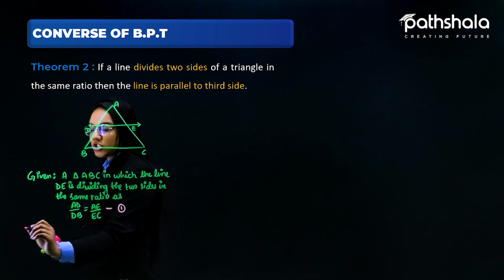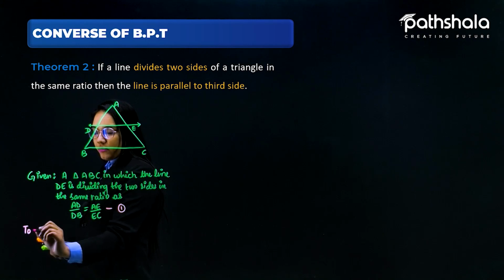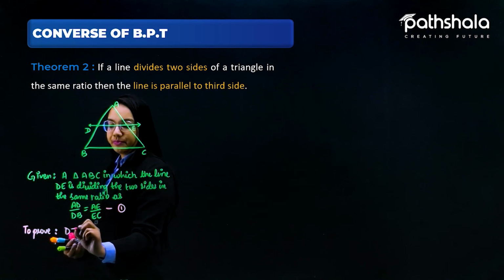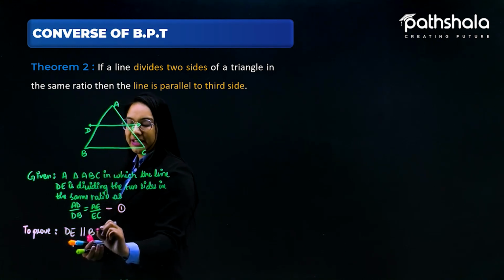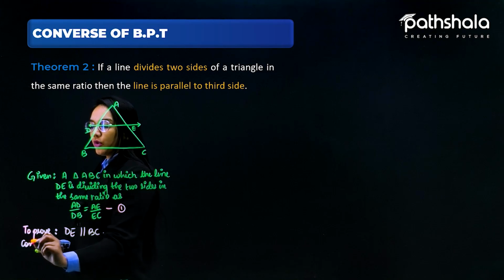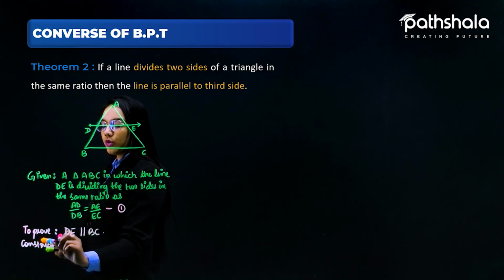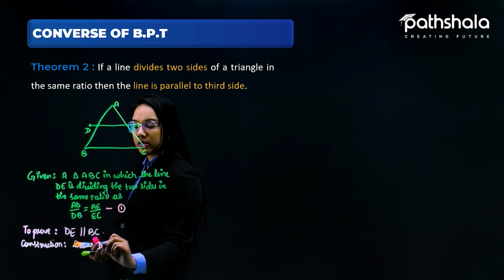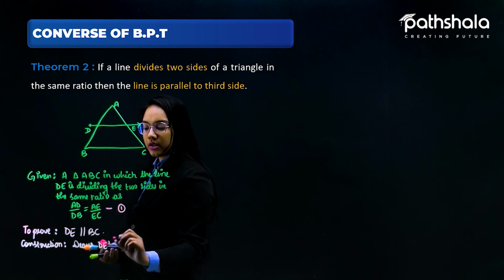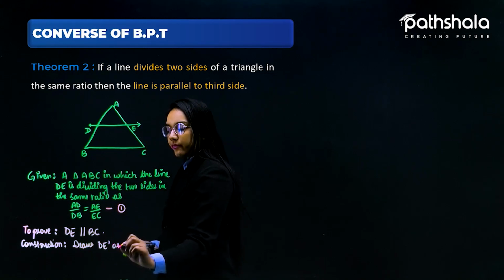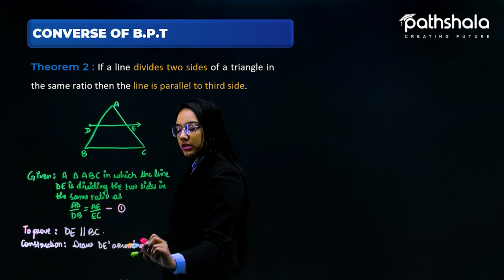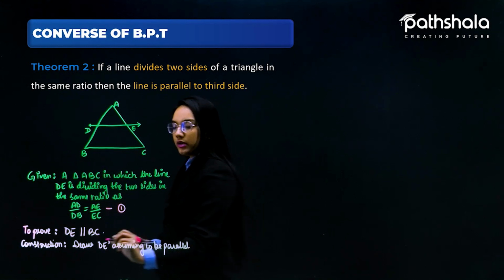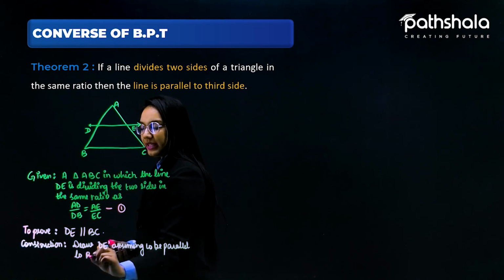Let us call this equation 1. Here we are doing a construction, but let me write that we want to prove that DE is parallel to BC. For the construction, draw DE dash assuming it to be parallel to BC.